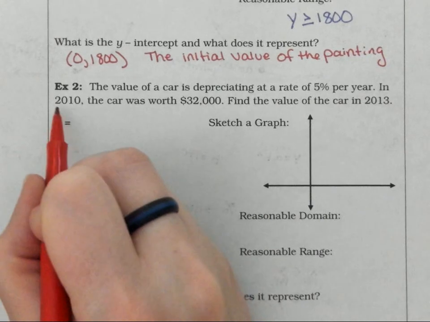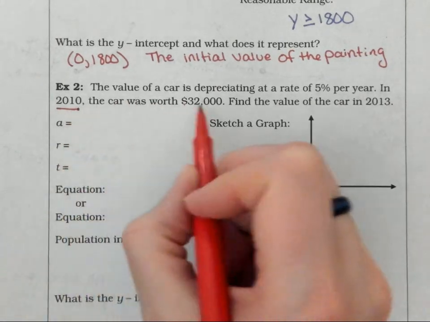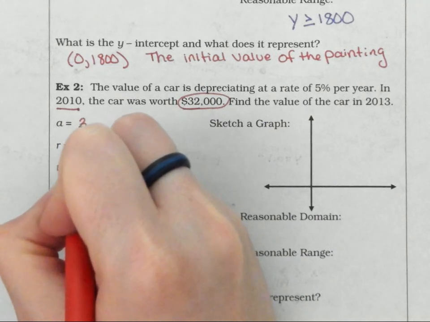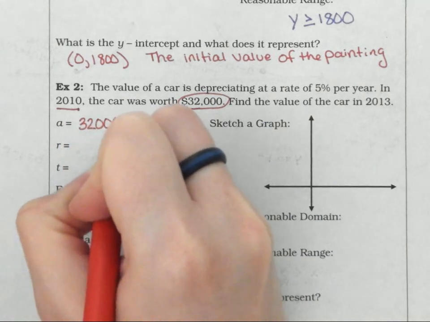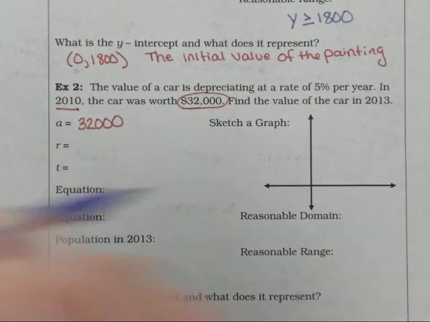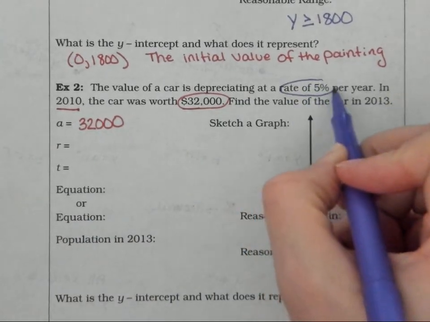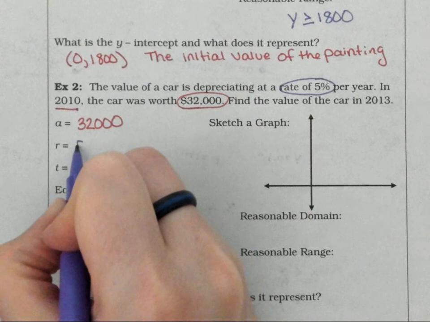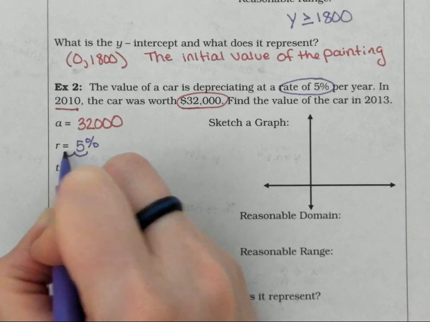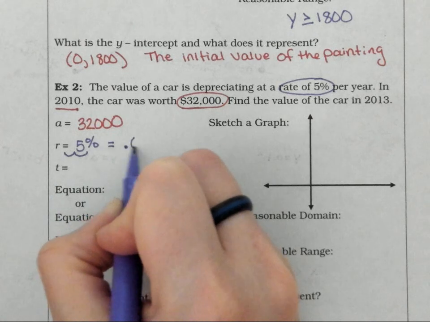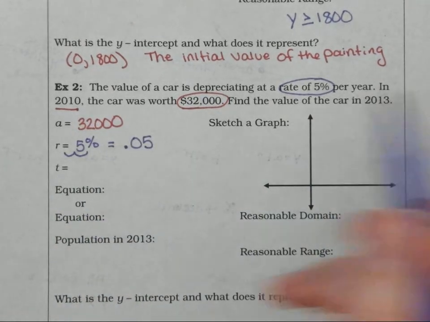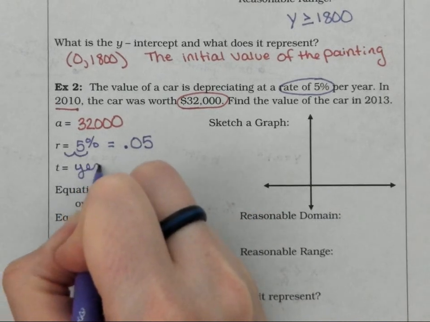So we're going to start by talking about when it was in 2010, the initial value was $32,000. And then my rate is the 5%. And so we change 5% by moving the decimal 2 places, 1, 2, and that would give us 0.05 as a decimal. And my time, I'm still measuring it in years.